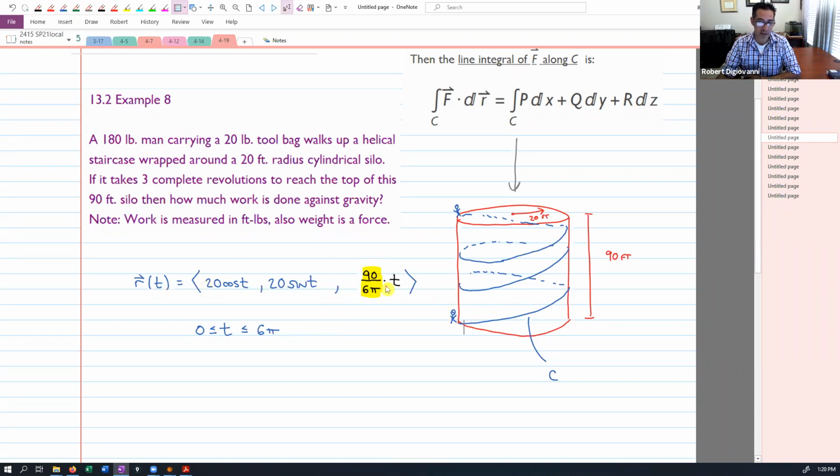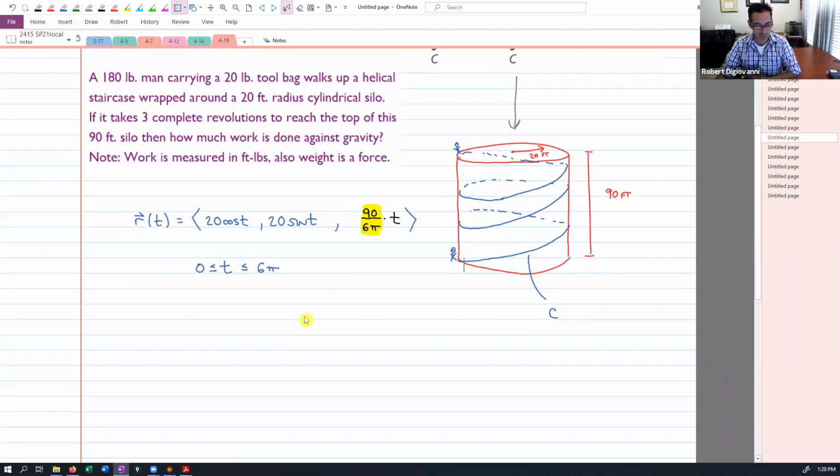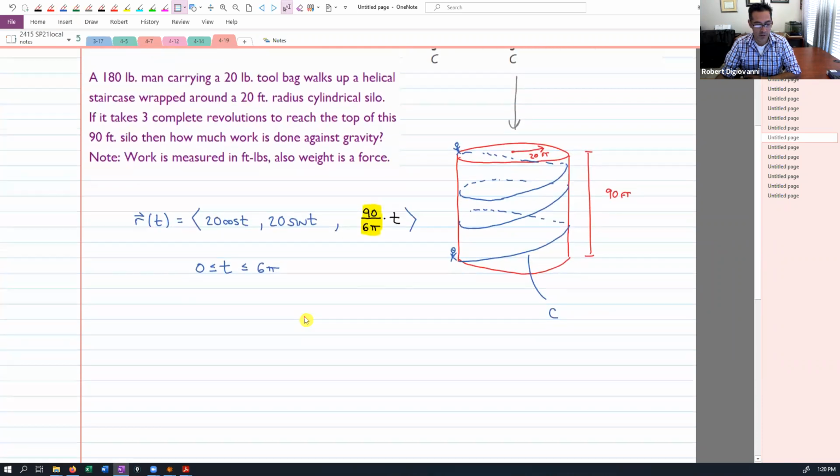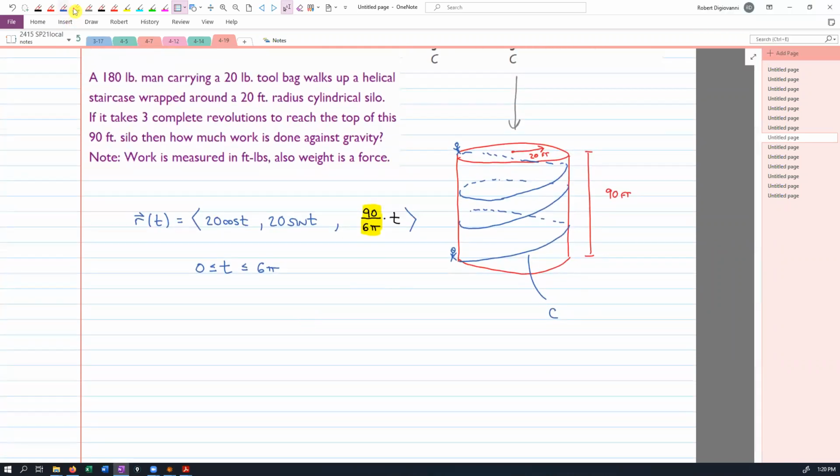We have the vector function. Now we need the field. So what's our vector field? Assuming that gravity doesn't dissipate the higher we go up, wouldn't it just be uniform?